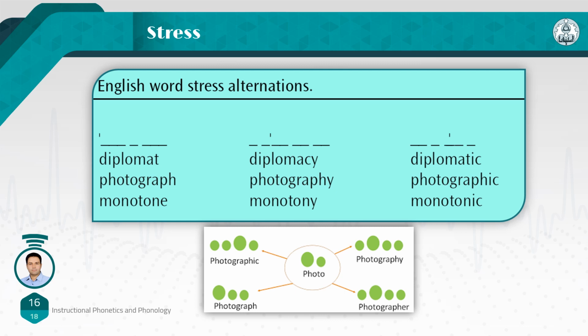So as you see here, the adjectival suffix ic moves the stress to the syllable immediately before it. If you make, in fact, a sufficiently complex set of rules, it is somehow possible to predict the location of a stress in the majority of English words. For example, we can say that the words that include noun forming suffix y at the end have stress on the first syllable. This is something which is possible, and we can use this rule to predict the location of stress for these kinds of words.